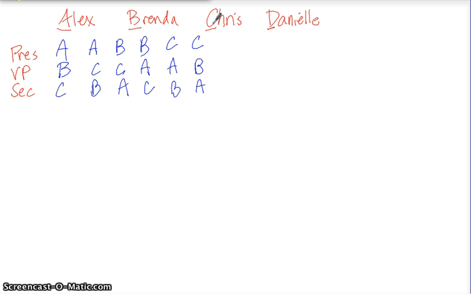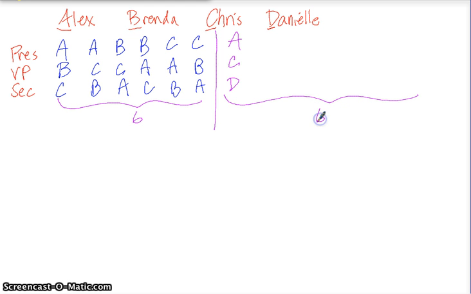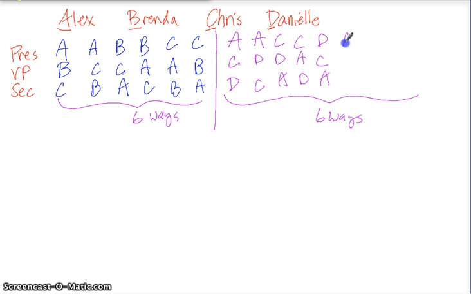What if I instead chose A, C, D? If there were 6 ways to do it with those 3 letters, then there are 6 different ways to write it with these 3 letters: ACD, ADC, CDA, CAD, DCA, or DAC.